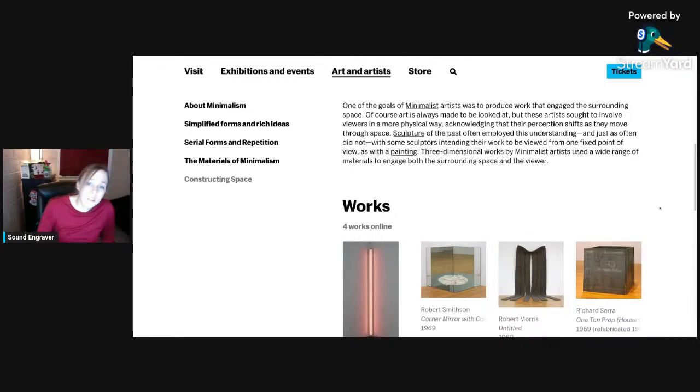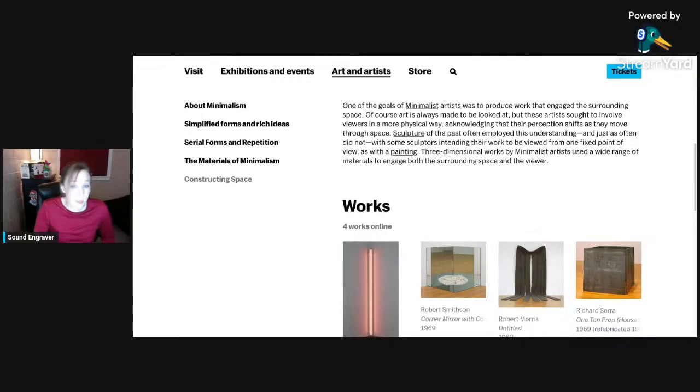So, of course, our art is always made to be looked at, but these artists sought to involve viewers in a more physical way, acknowledging that their perception shifts as they move through space. Sculpture of the past often employed this understanding, just as often as it did not, with some sculptors intending their work to be viewed from one fixed point, just like I said.